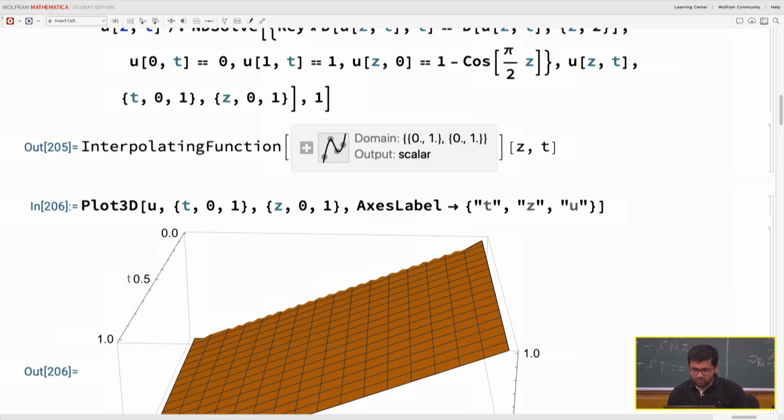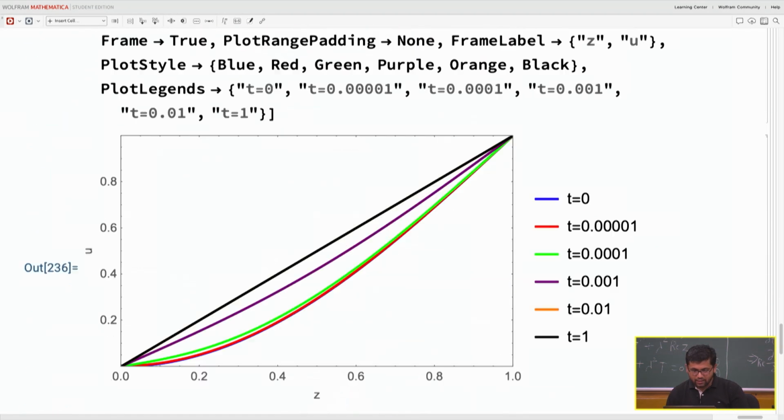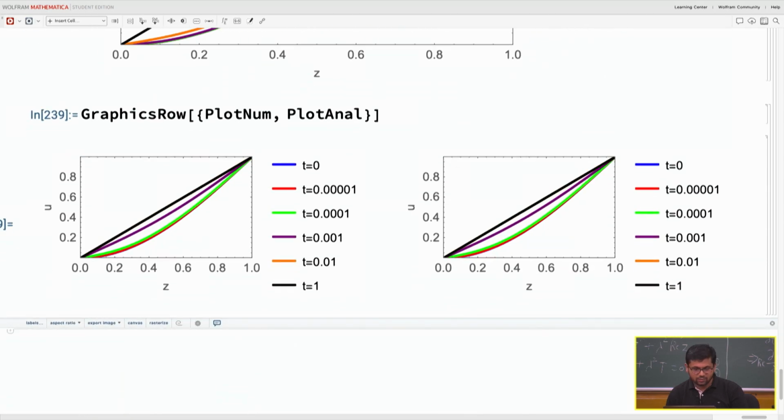I will run everything at a time and show you both the profiles which I got using the analytical solution and the numerical solution.